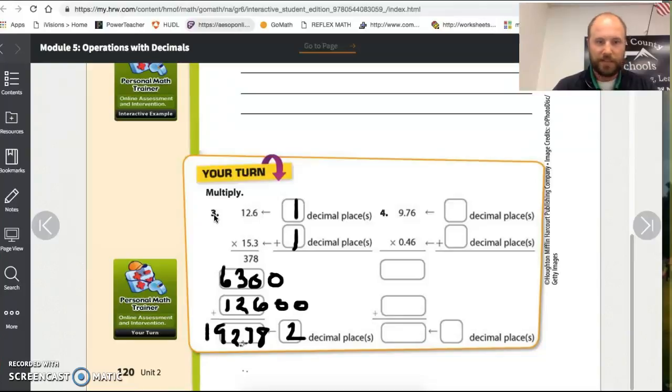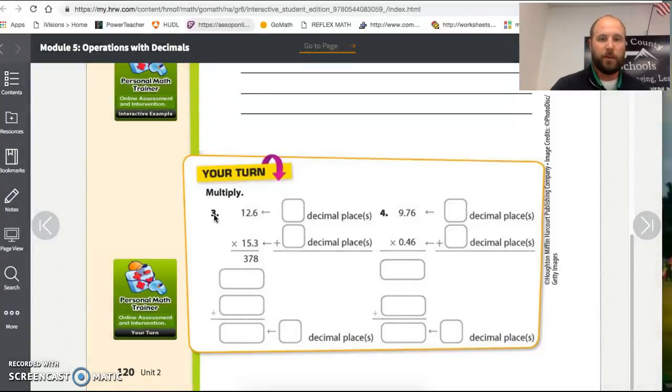See all those little decimals? That's supposed to be my little decimal. My fingers are too fat for this thing. So it is actually 192 and 78 hundredths. All right. So I really like this setup where they have the decimal places, you pull them out, all those different things, and then you can add them up here.